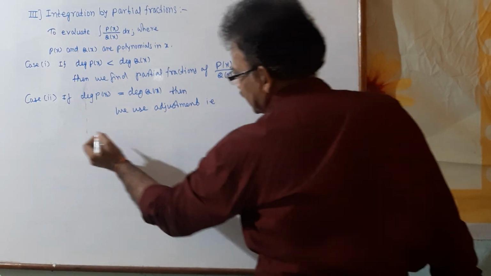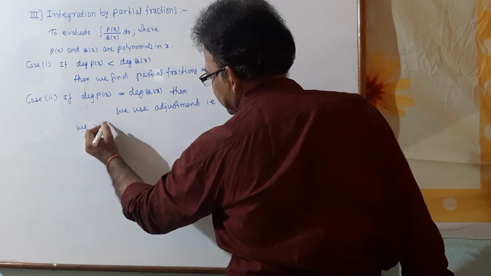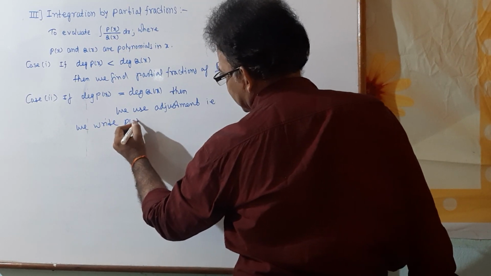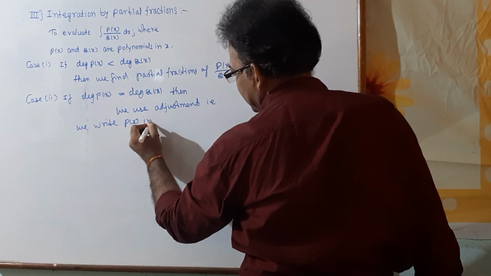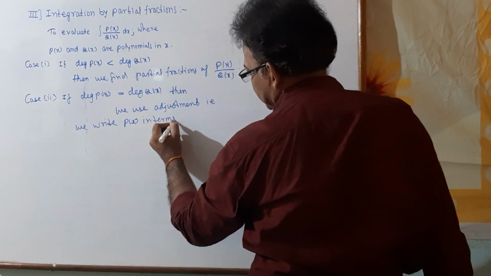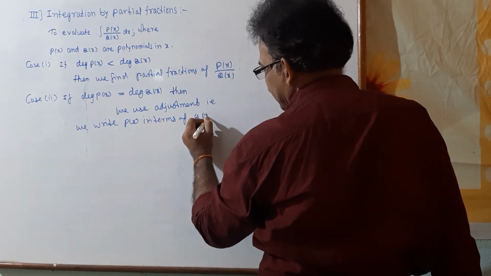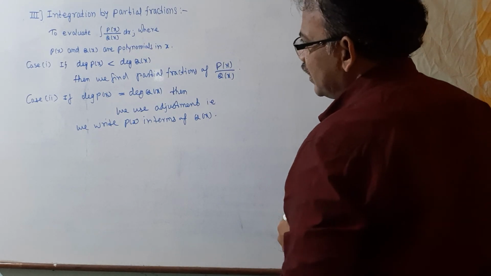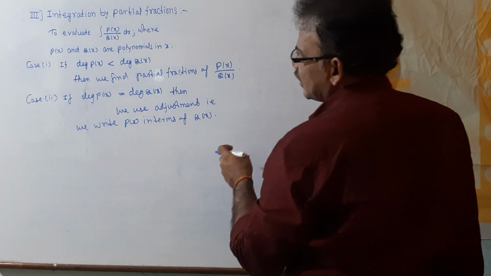That is, we write p of x in terms of q of x. That is case 2.